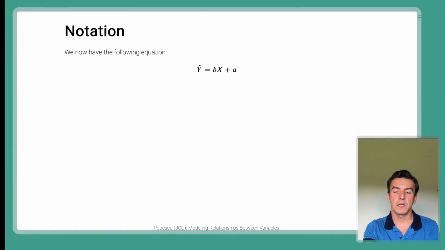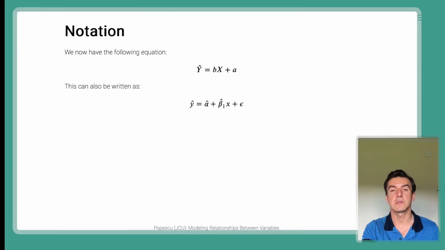We now have the following notation. y hat is equal to bx plus a. In some academic articles you might find it written like this: y hat is equal to alpha hat plus beta 1 hat x plus epsilon. This is why throughout this explanation I kept mentioning both a and alpha and both b and beta.